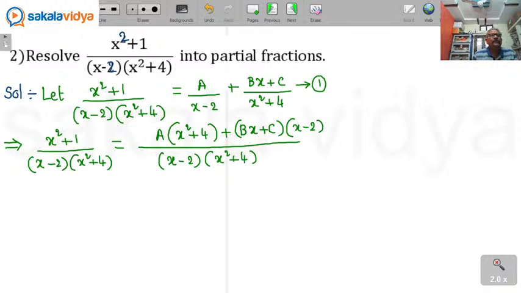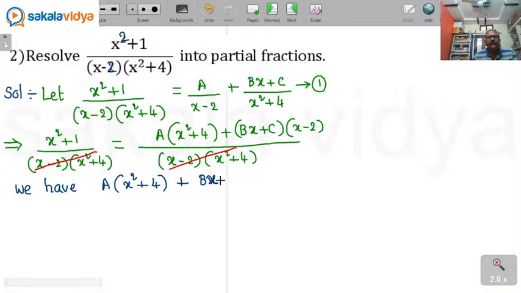The common denominators cancel, so now we have A times x square plus 4 plus Bx plus C times x minus 2 equated to x square plus 1.